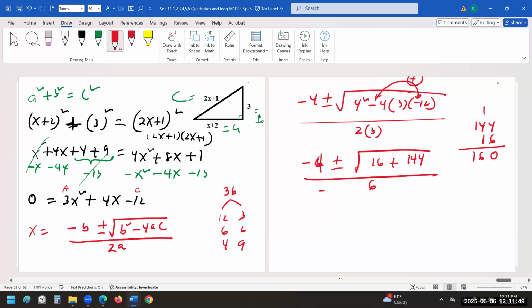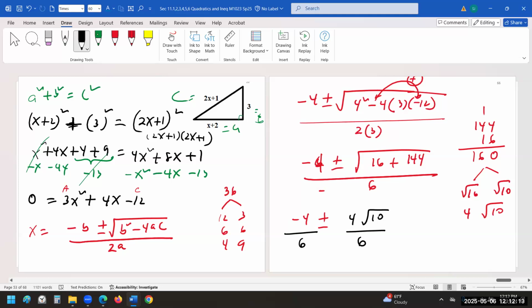So negative 4 plus minus the square root of 160. It's 16 and 10, right? 16 gives us 4, 10 doesn't give us anything. So this is 4 square root of 10.